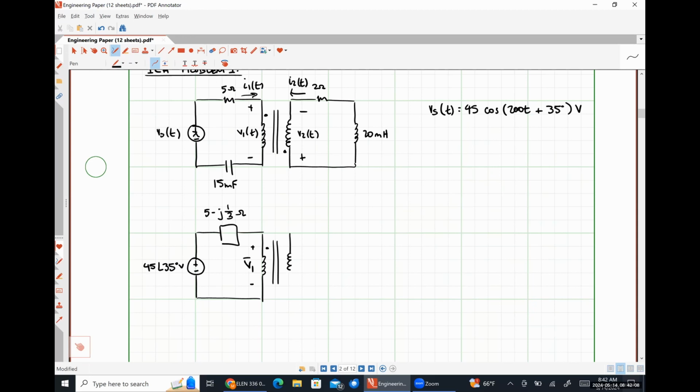Now we're going to do the exact same thing to our secondary. Obviously the 2 ohm resistor is going to stay a 2 ohm resistor. But what's the 20 millihenry inductance going to look like?